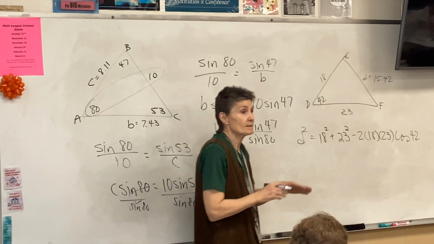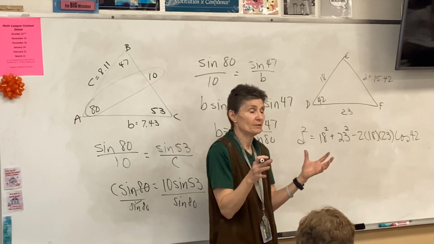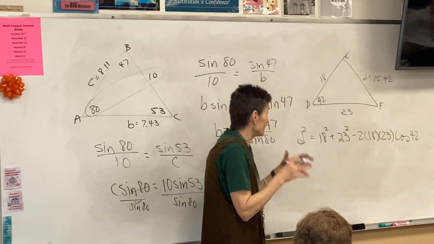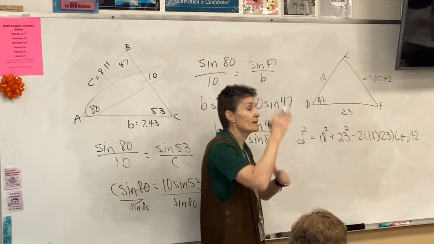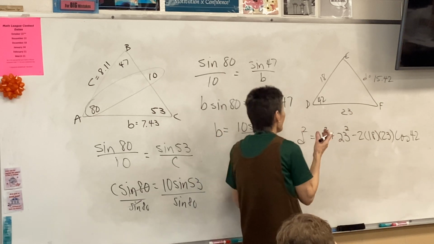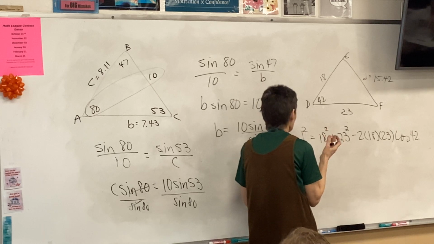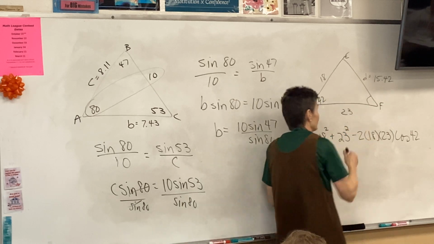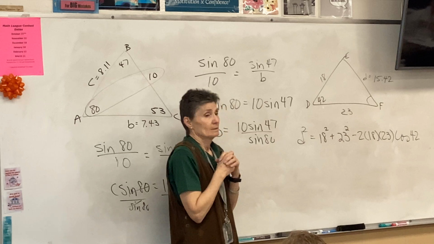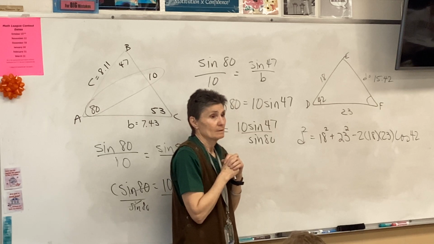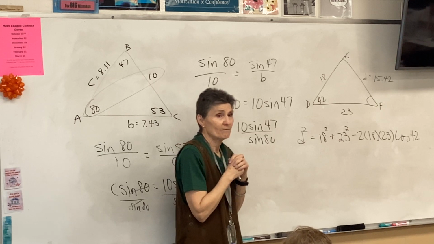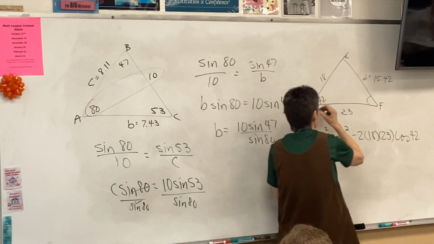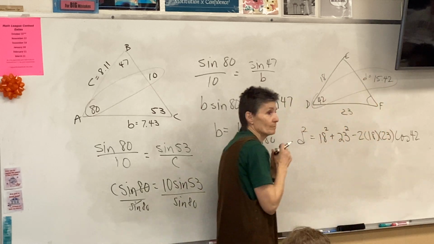Now on the quiz, you were done with that problem, because all you had to do was find side D. But this question on the test is find everything. So now I have to find maybe angle F. What am I gonna do to find angle F? Well, did you notice what you've got now?